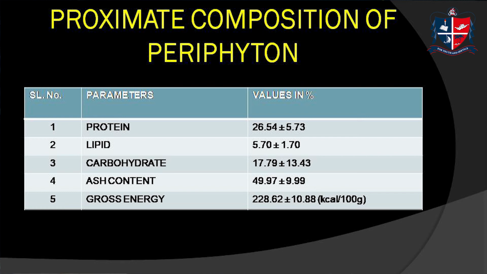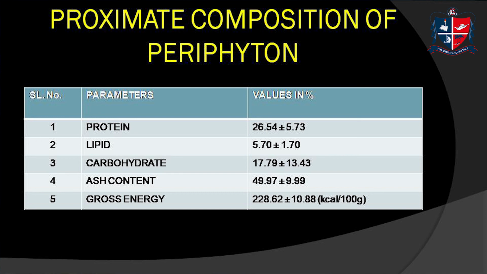Coming to the carbohydrate content of the periphyton community, it is around 17.79 plus or minus 13.43%. The ash content of the periphyton community is 49.97 plus or minus 9.99%.